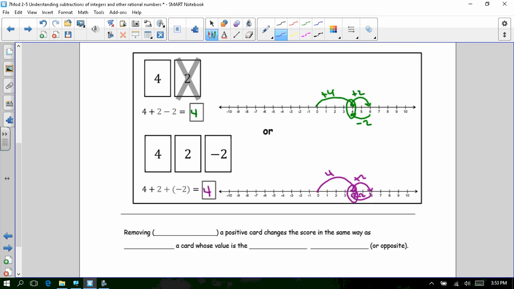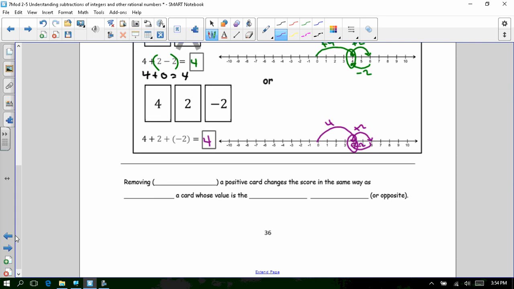By the way, let's go back to that green first example here. What if I asked you, what's 2 minus 2? Well, you're going to tell me, Mrs. Hoekstra, that's just 0. Yep, and 4 plus 0 is 4. Or if we do this one that I did in purple here, I have 4 plus 2 plus negative 2.